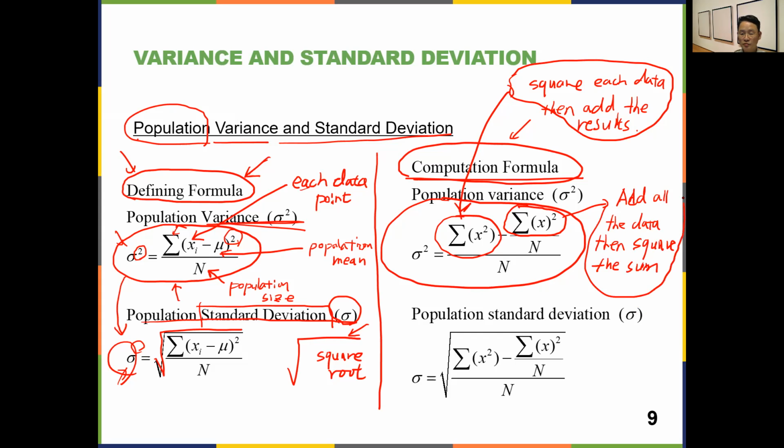So this part is saying you gotta add all the data points first, then you square the sum.